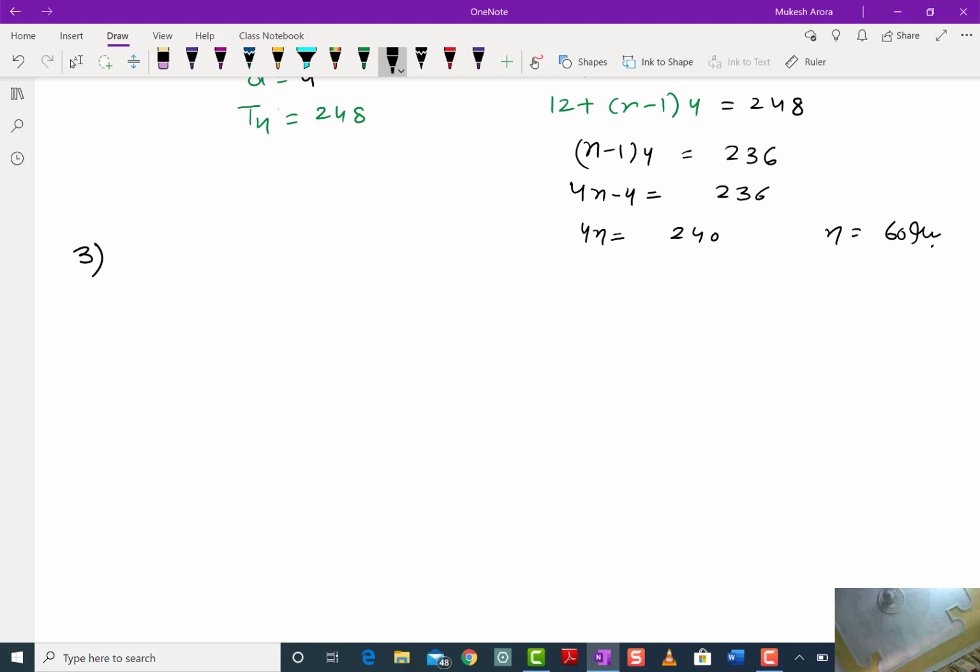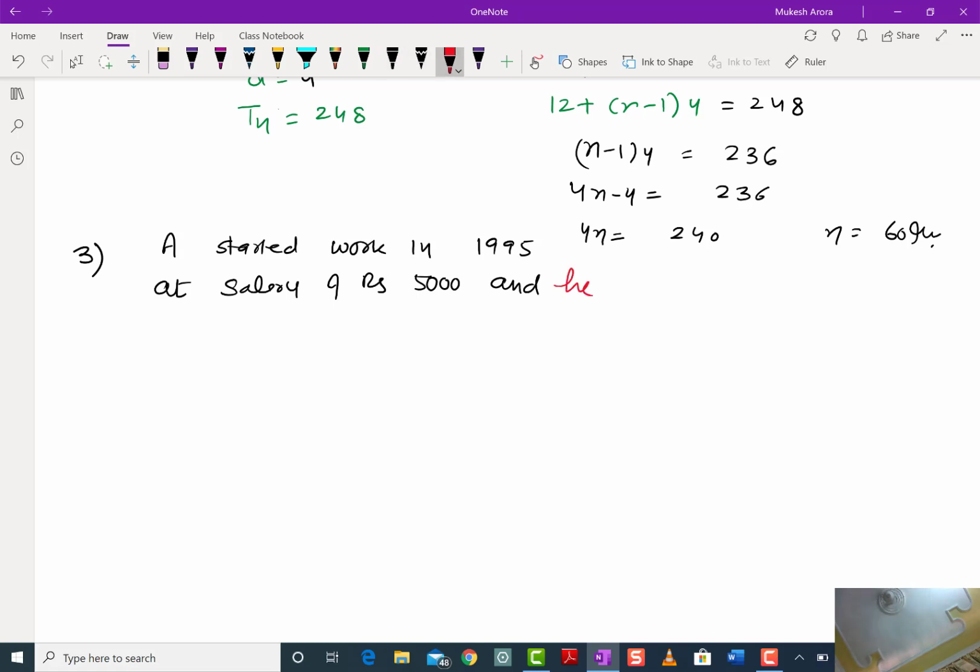Next sum: A started work in 1995 at a salary of rupees 5,000 and he received an increment of rupees 200 each year.